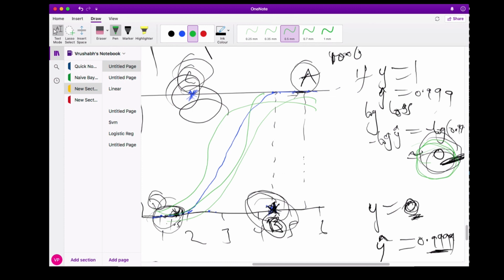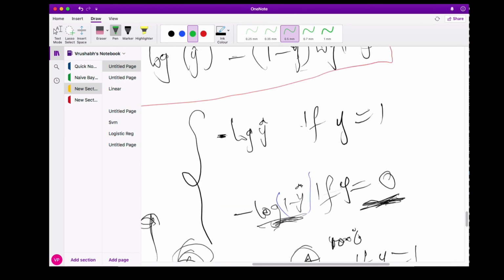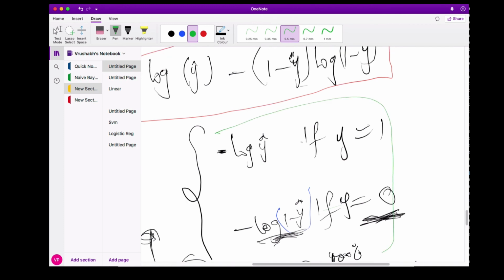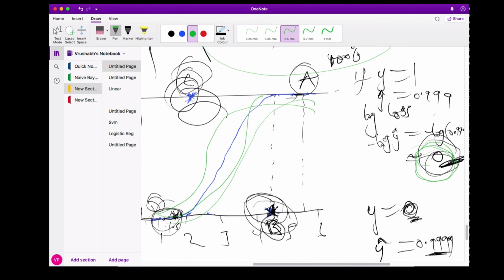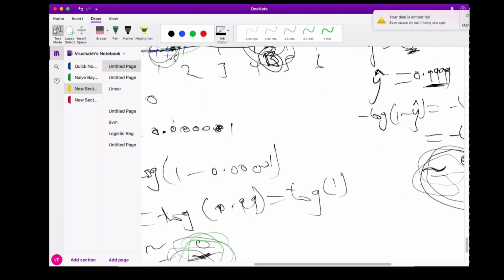So if you build your logistic regression and you use this log loss, then the sigmoid curve that is giving you the lowest log loss is your best sigmoid curve, and that's the sigmoid curve that you can take to production.